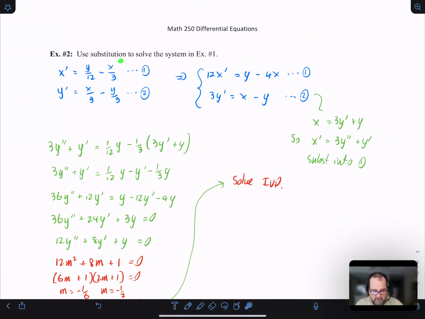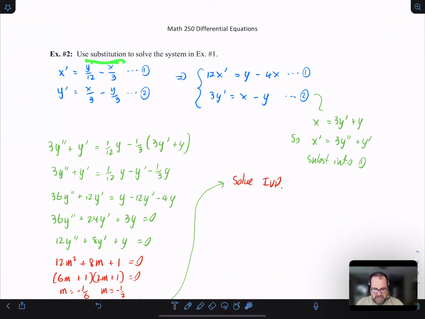The more obvious idea is to use a substitution method. Solve one of the equations for a variable and substitute it into the other. Let's say that is one method. It's also one method in algebra for solving linear systems.